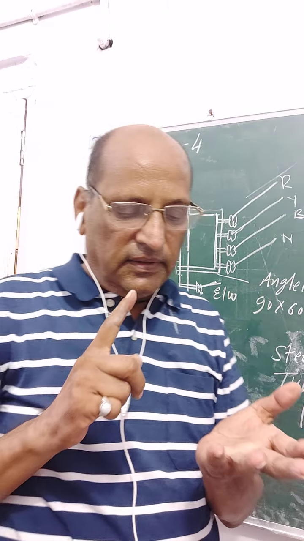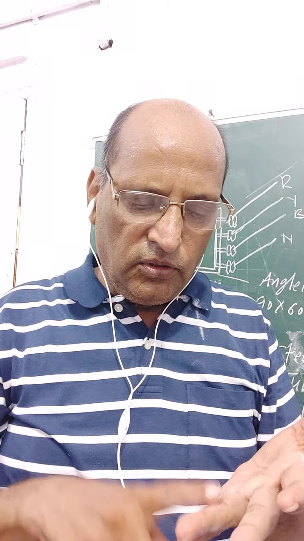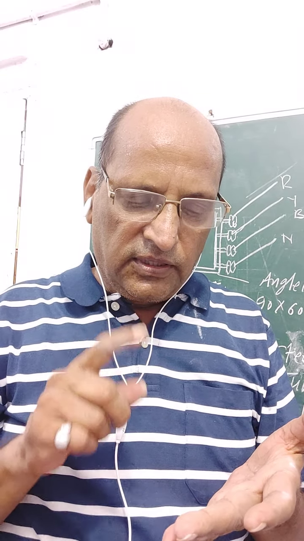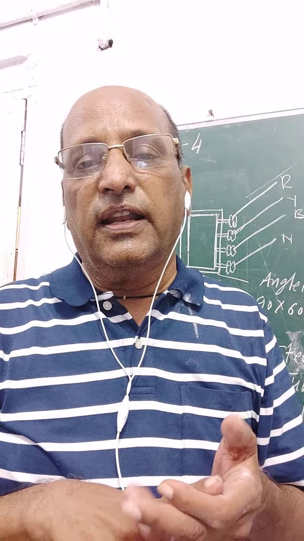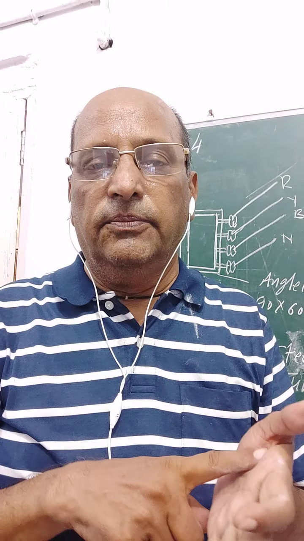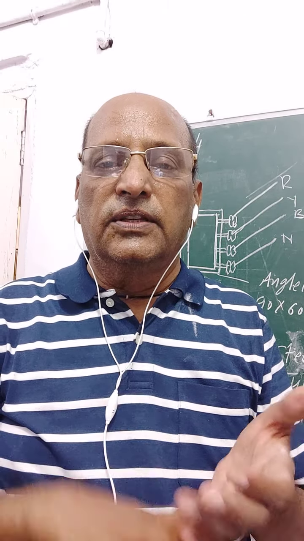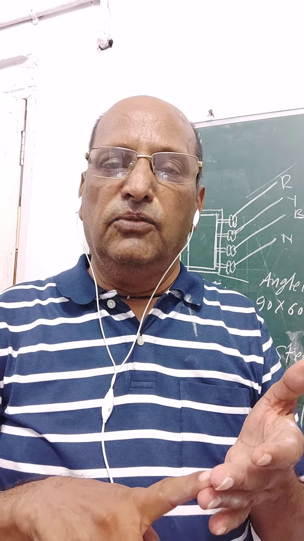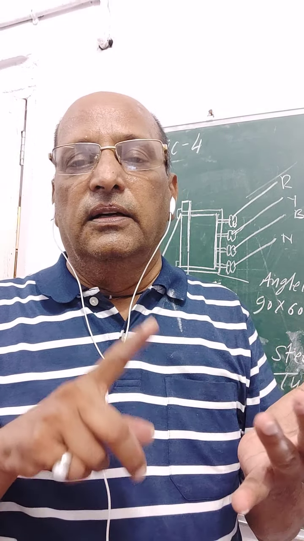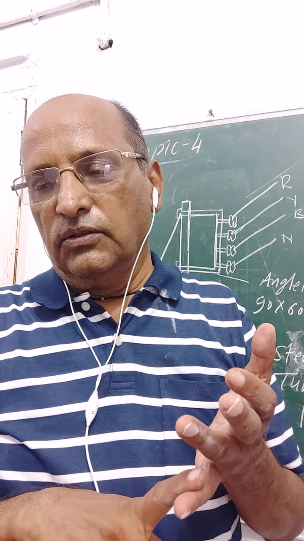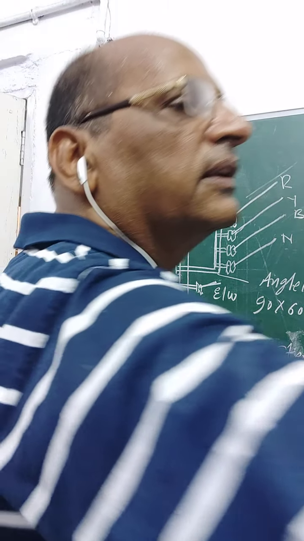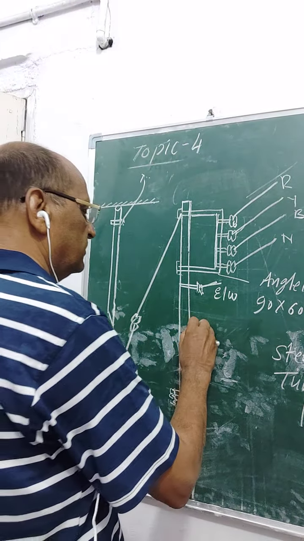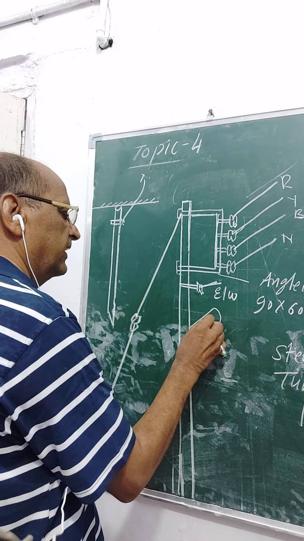In the LT line, for single phase it is 230 volt single phase 3 wire, so in the 3 wires there is one phase, one neutral, one earth wire. This will be a 3 wire line. And in LT, if you want to take a 6 wire line, that will be a 3 phase 440 volt 6 wire line. So R, Y, B are 3 wires, neutral is the fourth wire, the earth wire is your 5th wire, and the 6th wire is the street light phase. So the street light phase is normally given to the street light, because in the city area we put street lights like this.